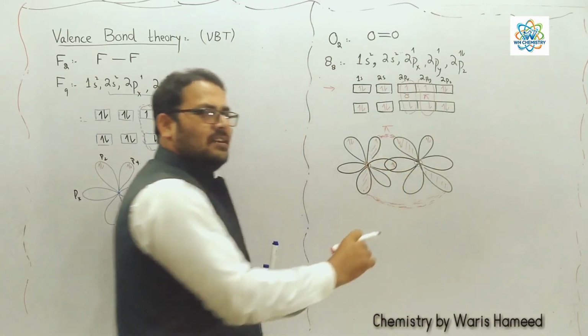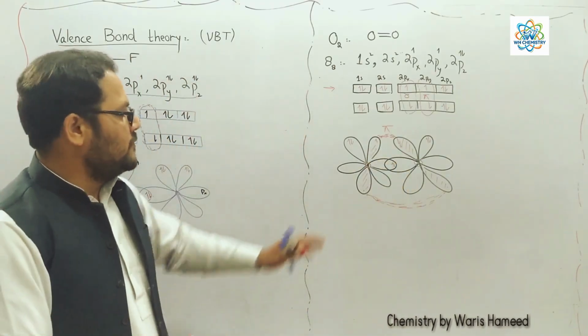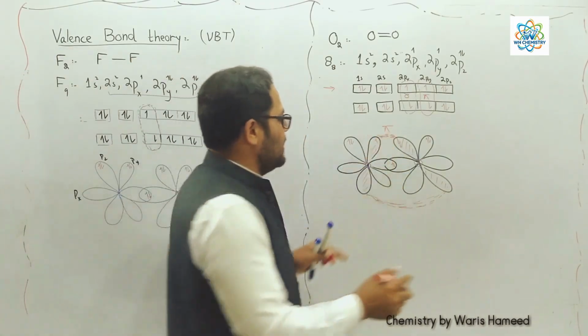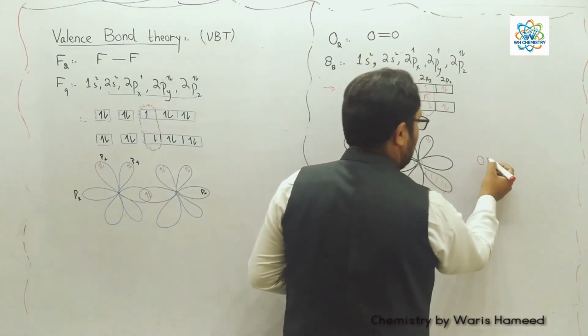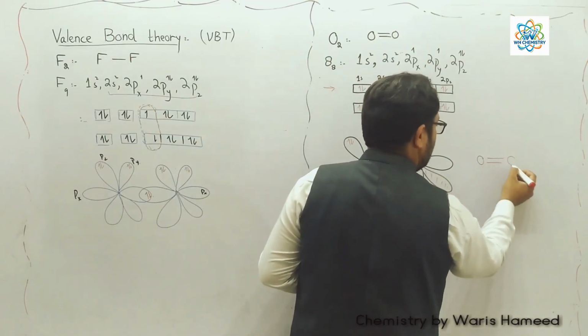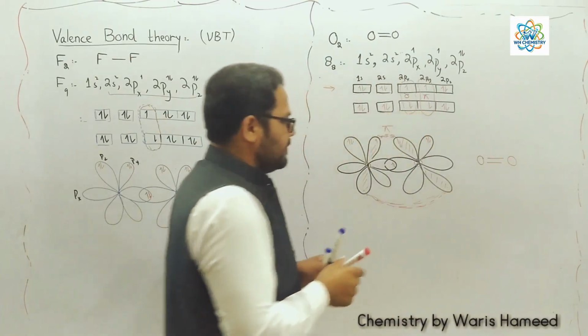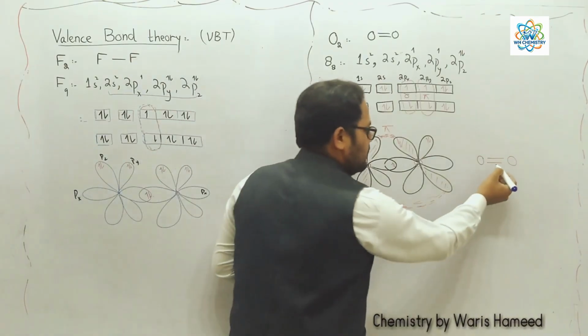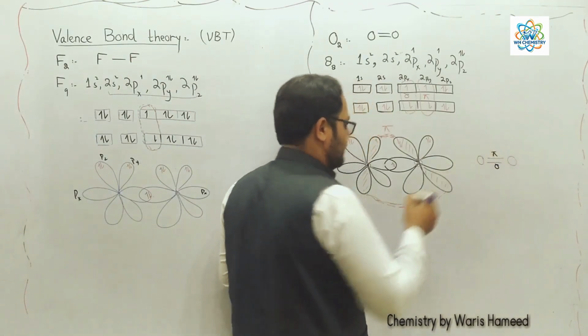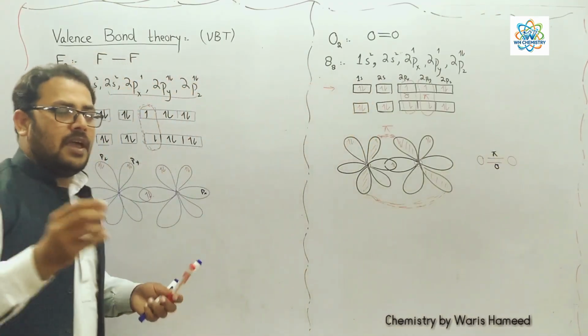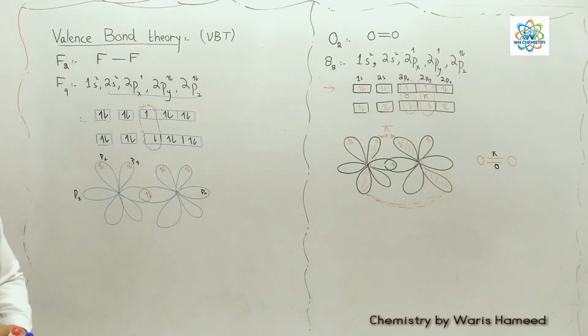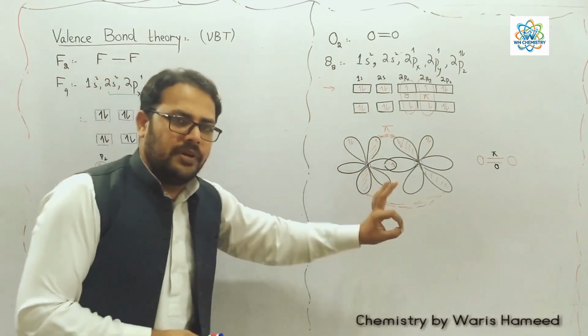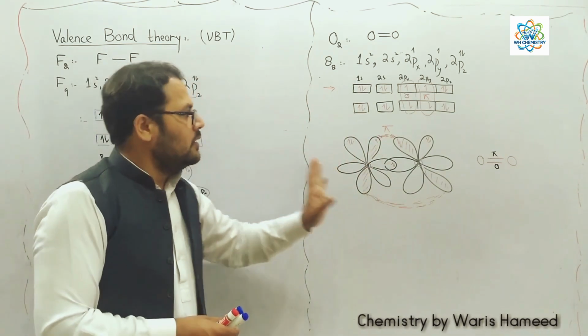So we can say that the oxygen molecule has one sigma and one pi bond. If you have any question regarding the oxygen molecule, you can comment in the comment section.